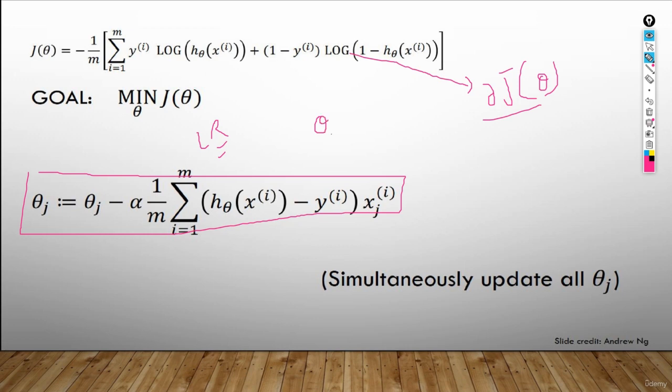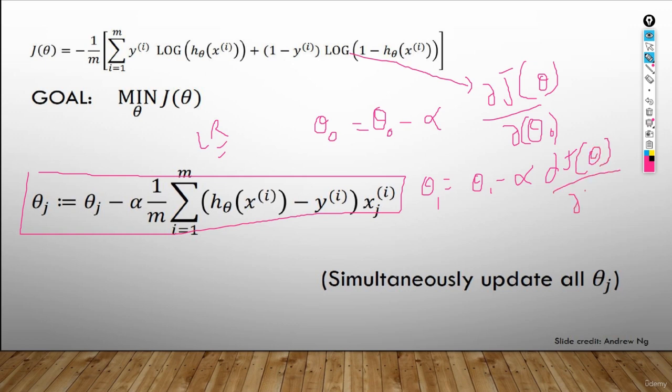If I am going to tune theta naught, then I'll say theta naught equals the old theta naught minus alpha times the partial derivative of our cost function, which in this case is the cross entropy function, with respect to theta naught. If you want to update theta 1, you have to do it with respect to theta 1, so that will be the derivative of J theta with respect to theta 1, and similarly for theta j, it will be with respect to theta j.